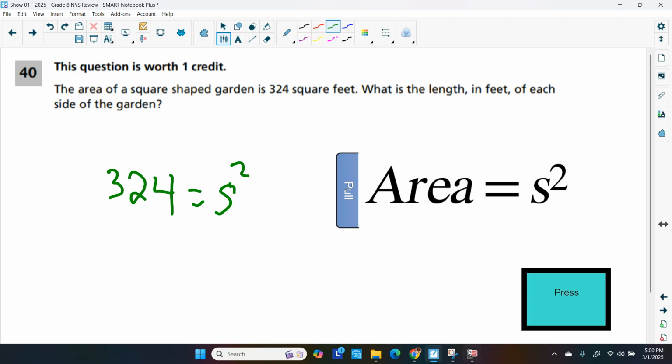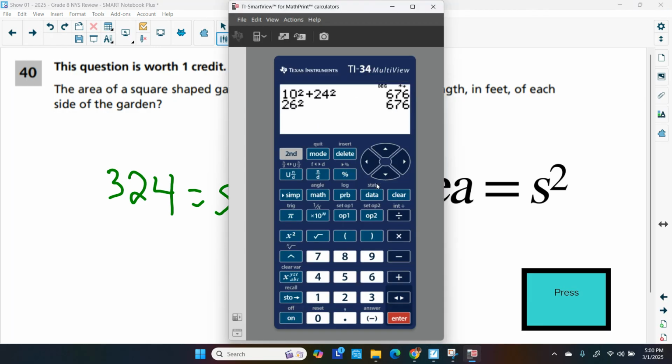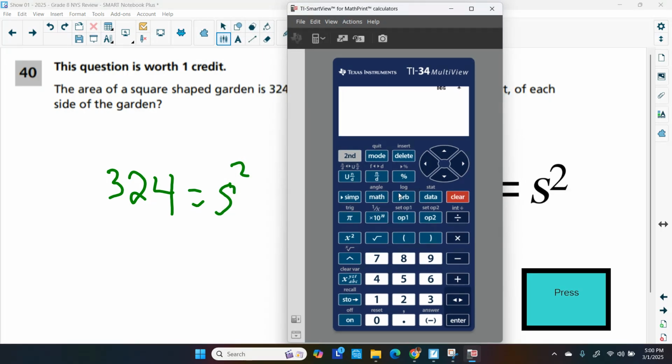So I'm going to get my calculator out because this could take us a while, but if you got a calculator, it helps out. So instead of asking what times what is 324, I can take the square root of 324. So I'm going to type square root 324, close the parenthesis, and I will get that number times itself equals what I need.